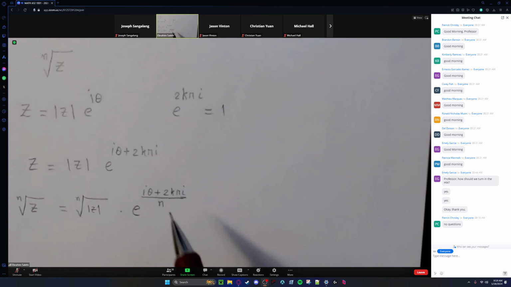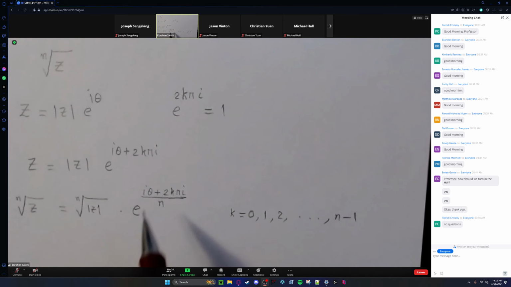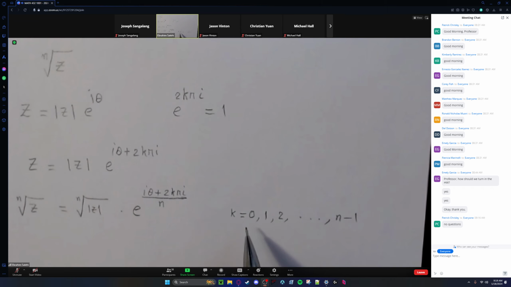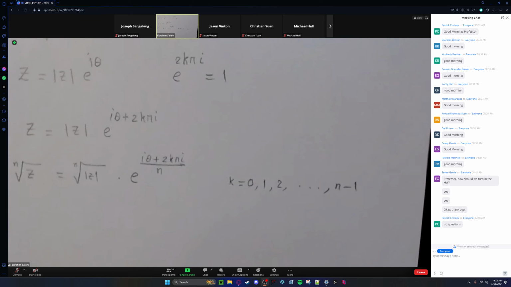How about k? What is k? K goes from, we can say 0, then 1, 2, up to n minus 1. If you go to n, you get 2 pi i, e to the 2 pi i is 1. You will get back to this one. So the nth root of a complex number, you have n different answers, right? N different answers.